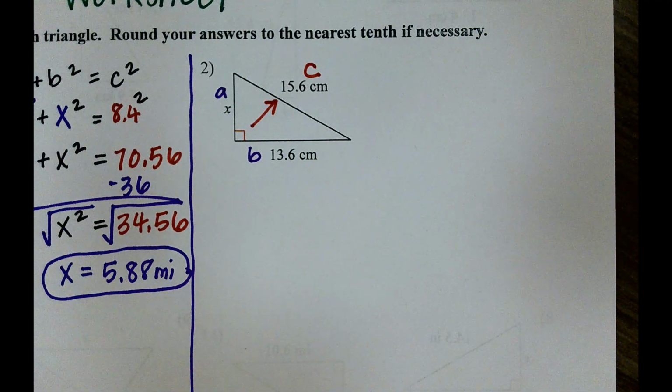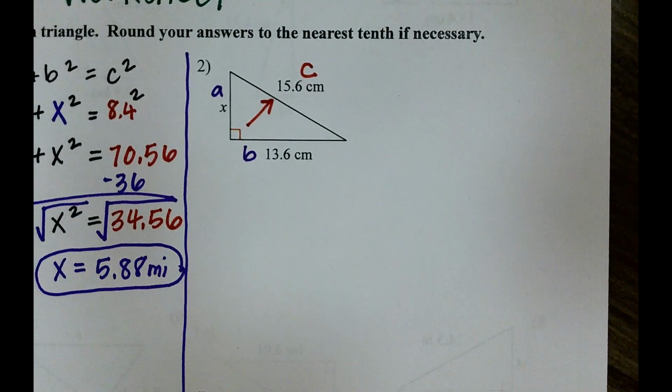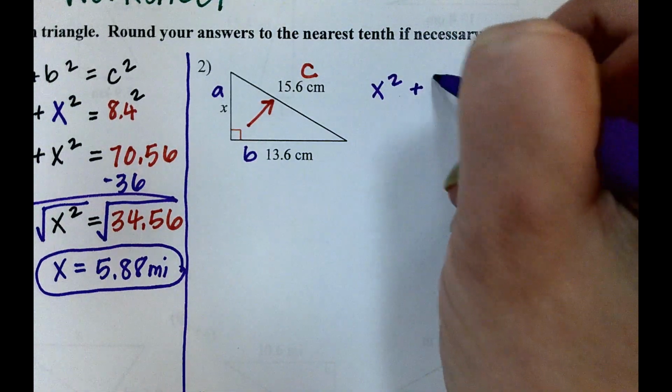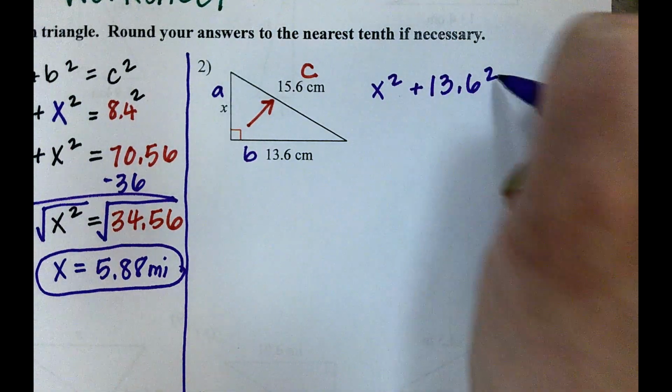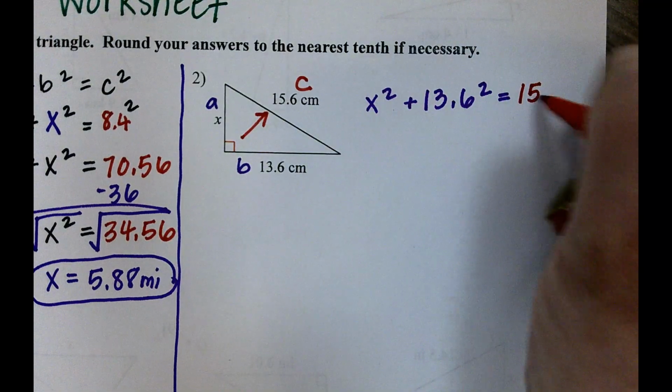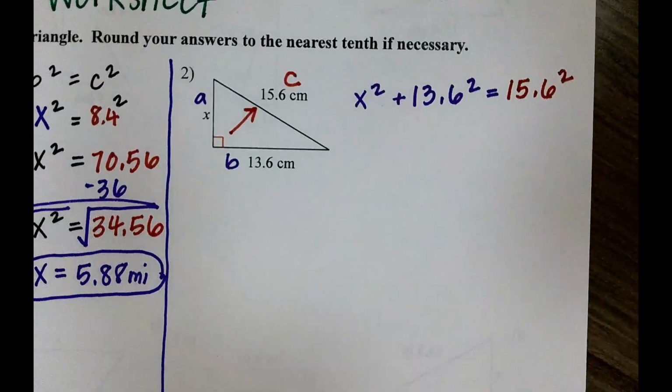And now that I've got it all labeled, what equation could we write? x squared plus 13.6 squared equals 15.6 squared. Perfect.